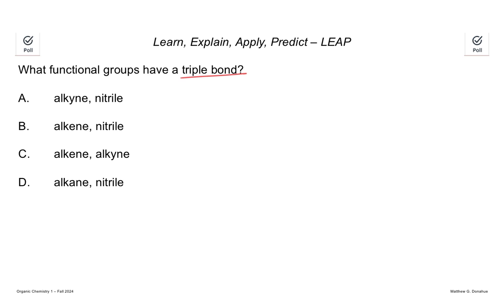So what about triple bonds? What functional groups have triple bonds? So A, remember an alkyne is a carbon-carbon triple bond, and a nitrile is a carbon-nitrogen triple bond. There is something I want to point out for the alkyne.